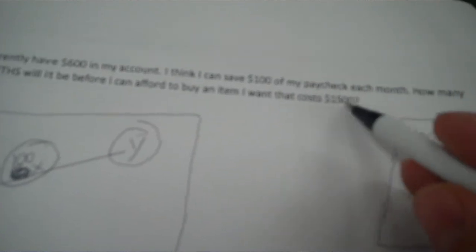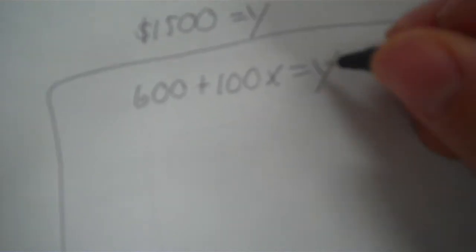Now we need to take that $1,500. That's dollars, so it's going in for y. 600 plus 100 times x equals 1,500.